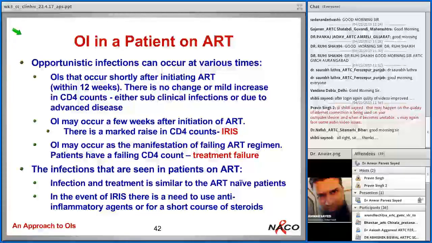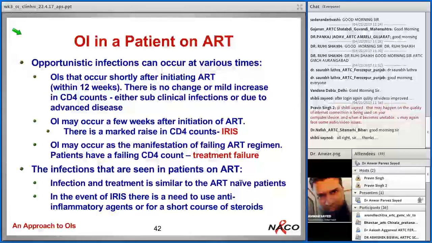Now, what about the people who are on ART? Are OIs common in that category? OIs can happen in those patients also, especially once the patients are newly initiated on ART, because of subclinical infection which is not apparent before initiation of ART.